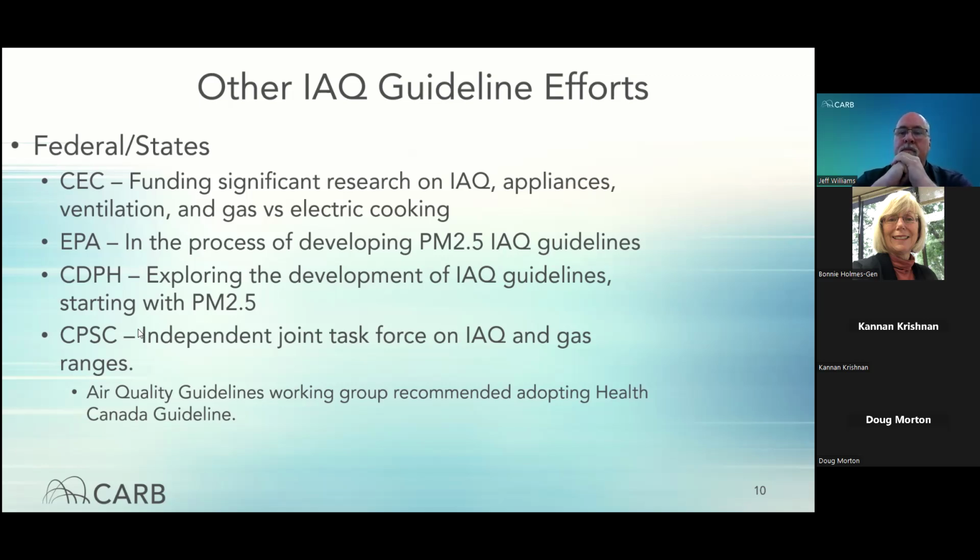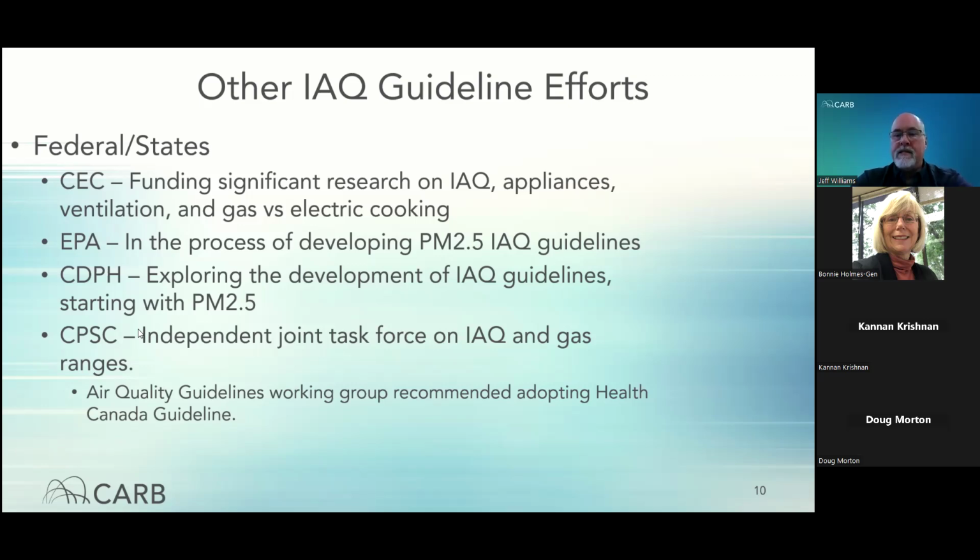The EPA is also in the process of developing indoor guidelines, and they're focusing their initial efforts on guideline values for PM 2.5. The California Department of Public Health is also exploring the development of indoor guidelines for PM 2.5. And actually, I'm part of the CDPH task force that is working on the PM 2.5 guidelines. And that work is complementary to our efforts here at CARB.